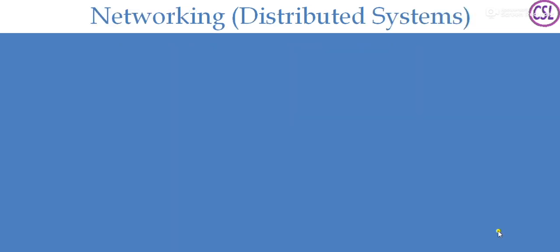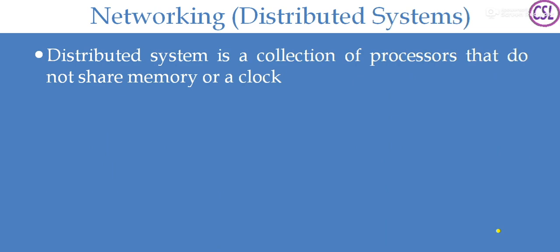So the next component of the operating system is networking. We can call it distributed systems. A distributed system is a collection of processors that do not share memory or a clock. That means you can combine different computers, where each and every computer has a processor, its own memory and clock.